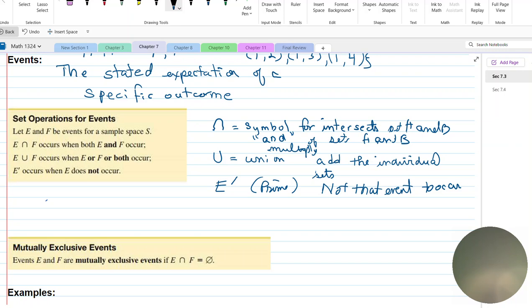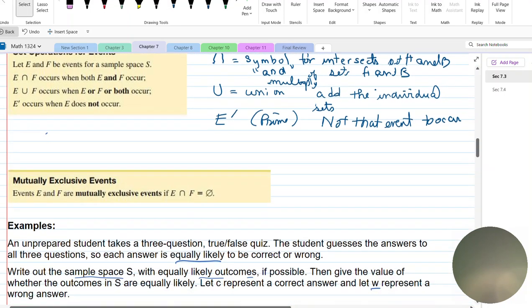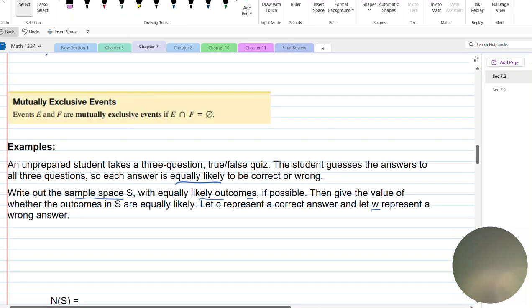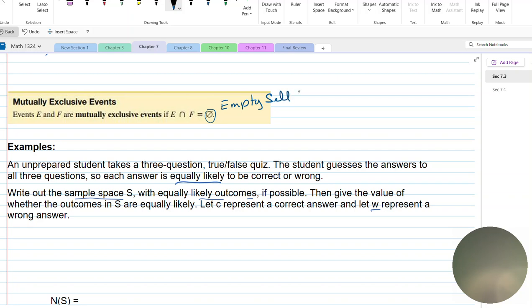I'll make it simpler when we get to the examples. Mutually exclusive means that E intersects F is the empty set. That's called the empty set or null set. So there's nothing shared.